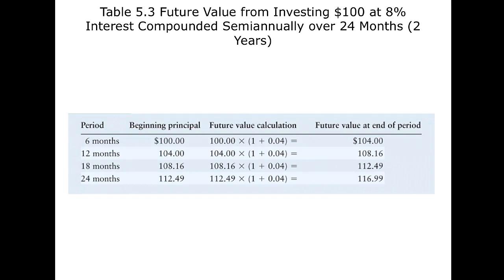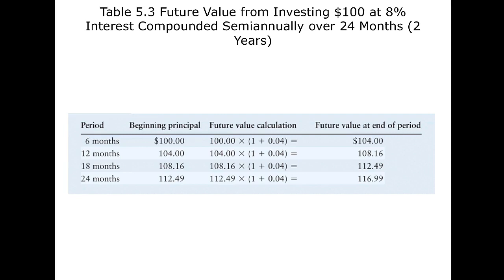So for example, let's look at the future value that would occur from investing $100 at 8% interest compounded semi-annually over 24 months.